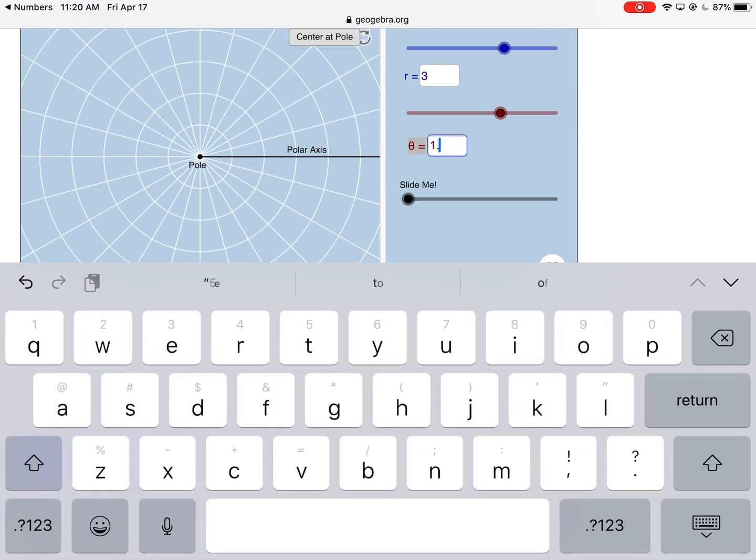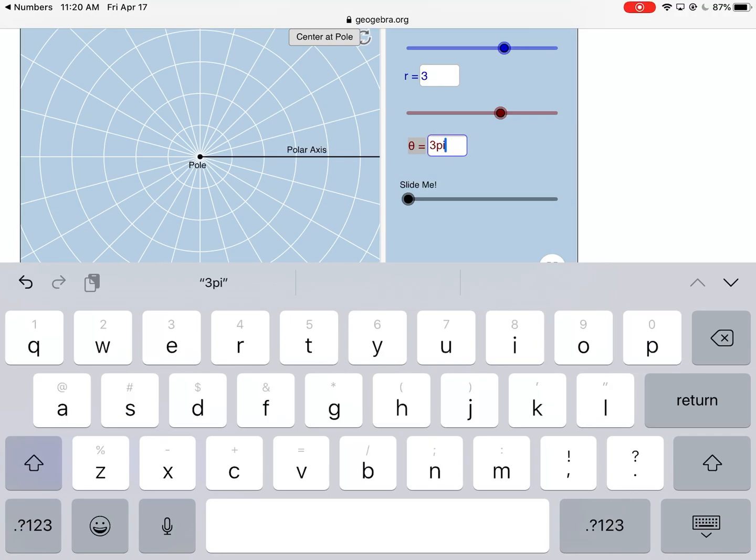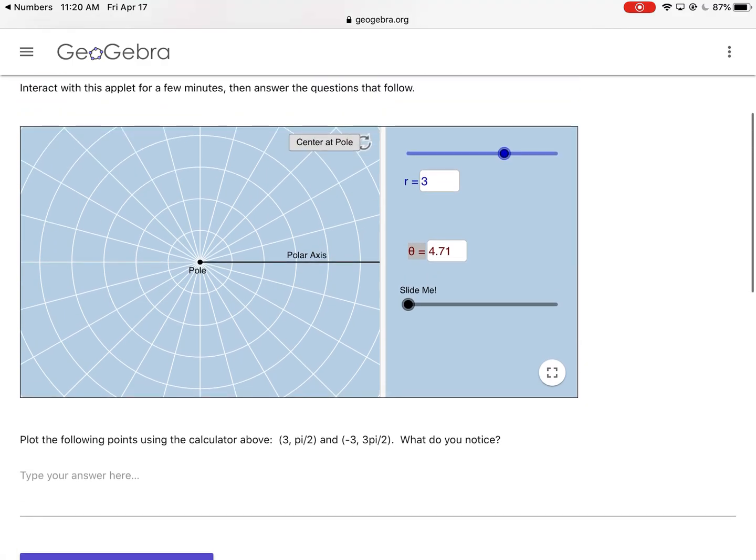Okay, now let's rewind here. Let's change this to 3 pi over 2. And let's make r -3. Slide. So we're going to sweep out the 3 pi over 2. Now the terminal side of that angle would coincide with the negative y-axis, right?